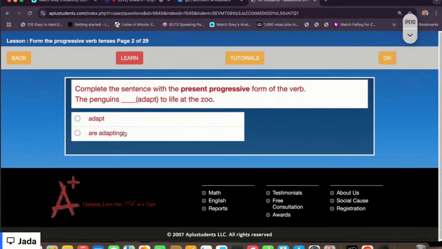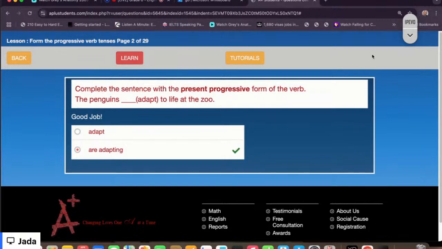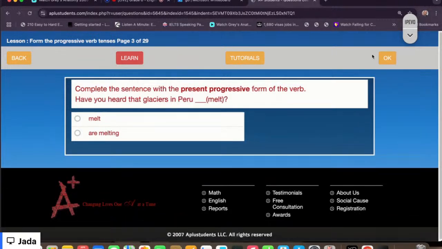All right, so the penguins are adapting to life at the zoo. Okay. Have you heard that glaciers in Peru melt?